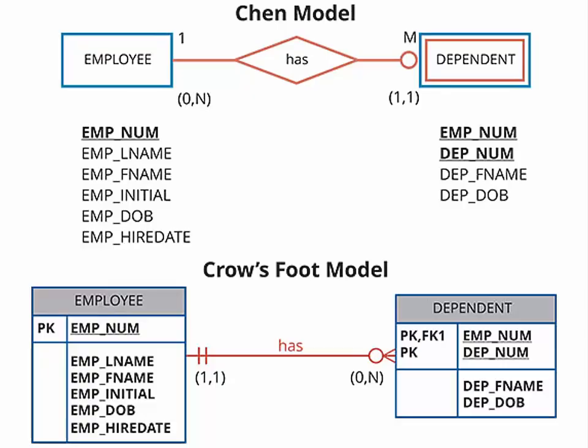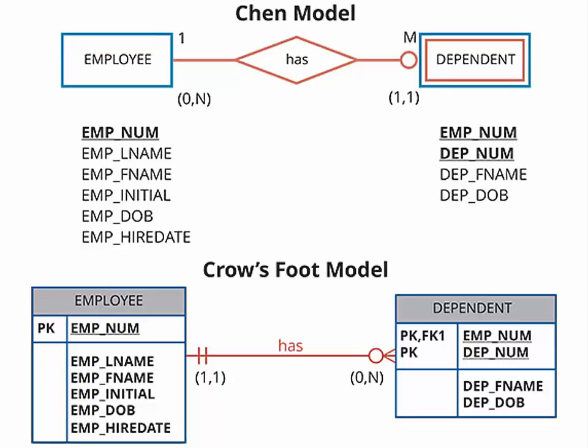Multiple types of models can be used, but those two are the most popular models that people use in databases. With the Chen model, you use a rectangle, and you use a diamond in the middle so that you can put a verb to describe the relationship between two entities, right? Employee, has, dependent, right? That's how you describe it.